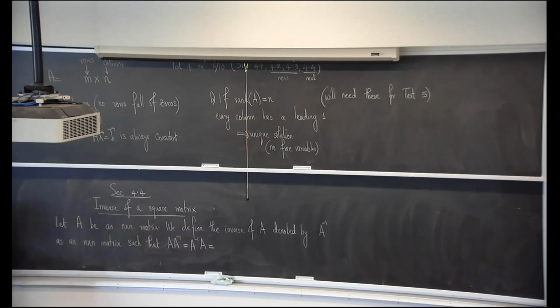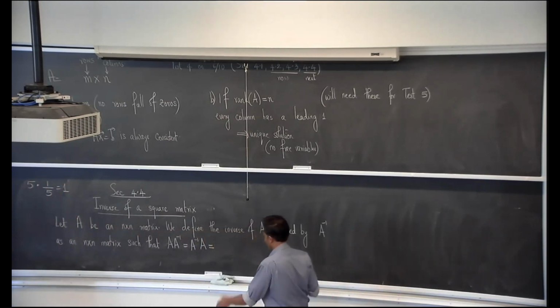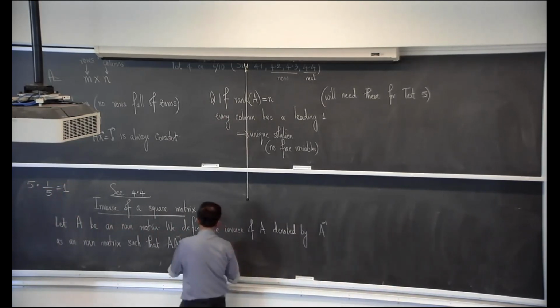what should be the answer there? Remember that when you multiply a number with its reciprocal, you get 1. So there should be something equivalent to 1 here: the identity matrix, the n by n identity matrix.